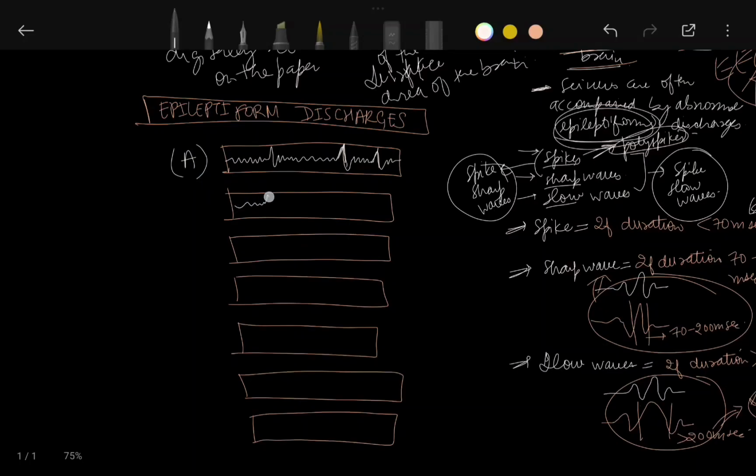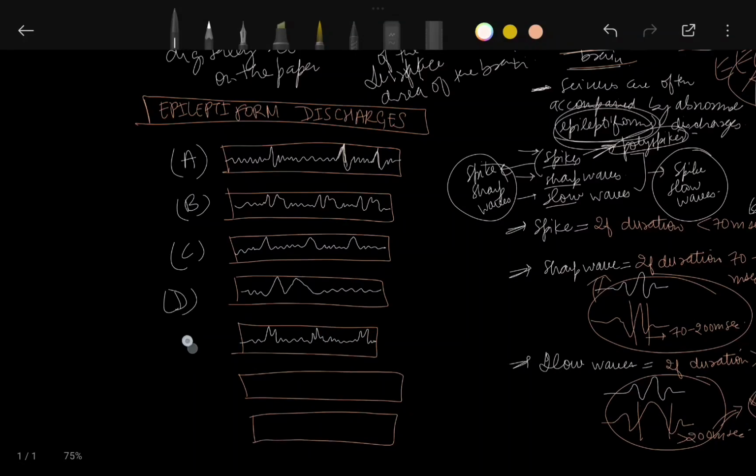This is A. This is B. Then coming to C. Then D. Something like this. This is E. Then F and G.